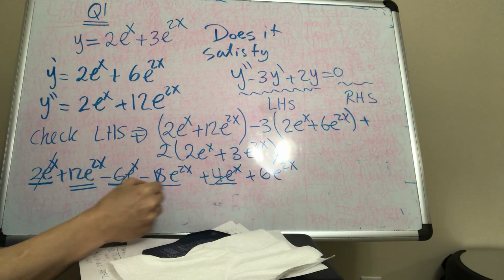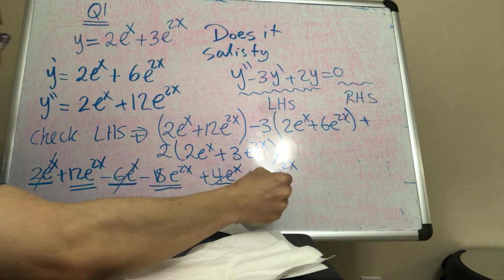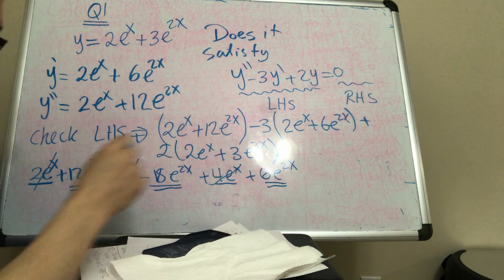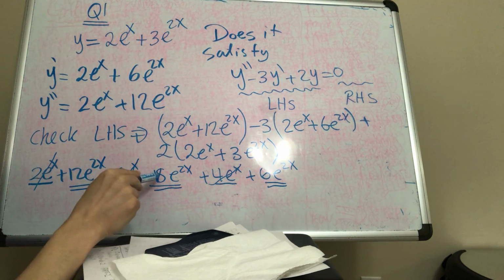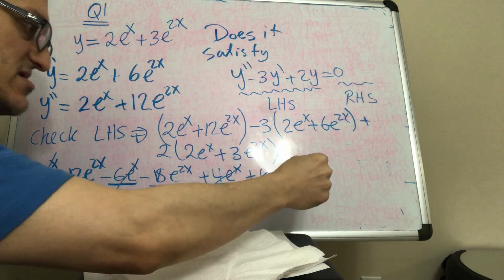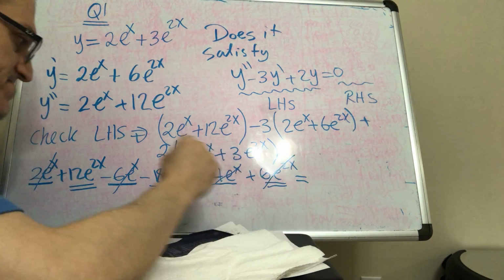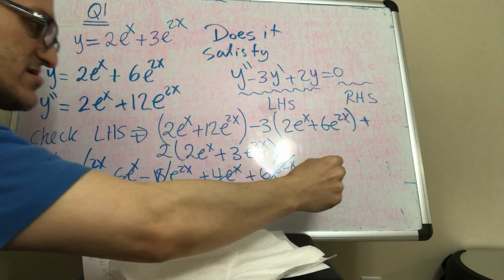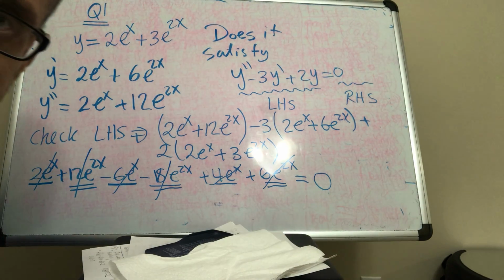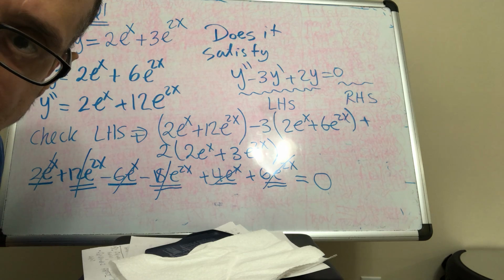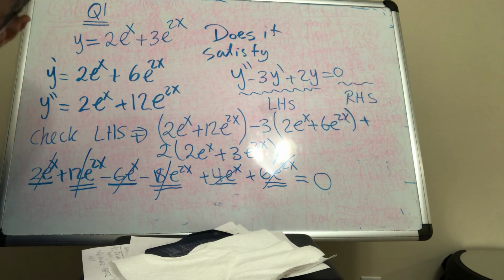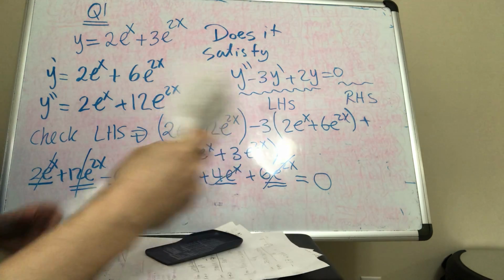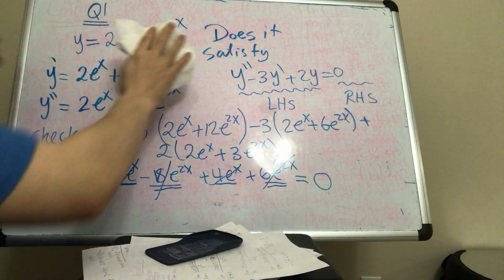This one, and this one. 12 minus 18 is minus 6, plus 6, that's gone. So the answer is in fact 0. Good? So, that's the first question.